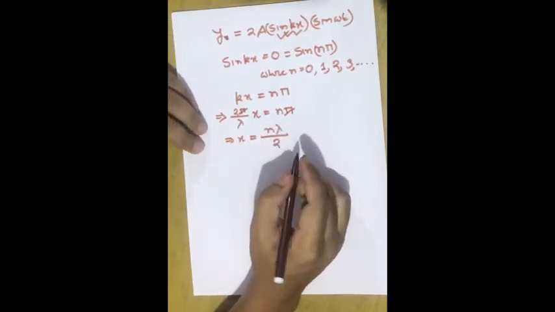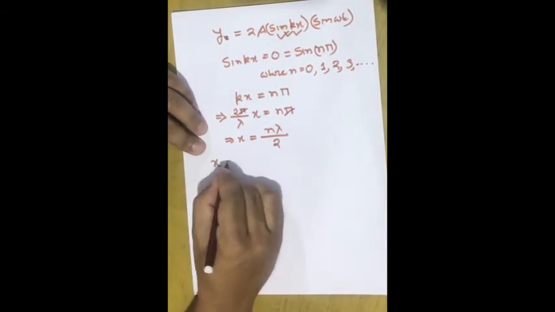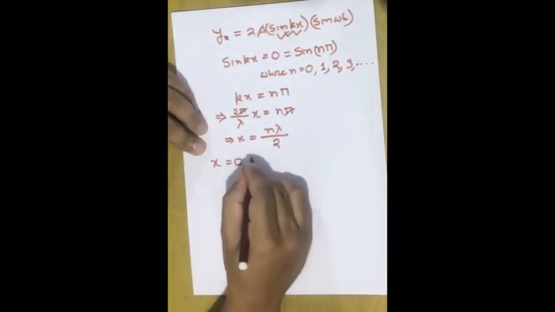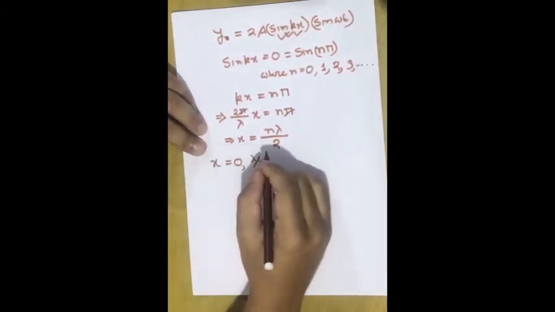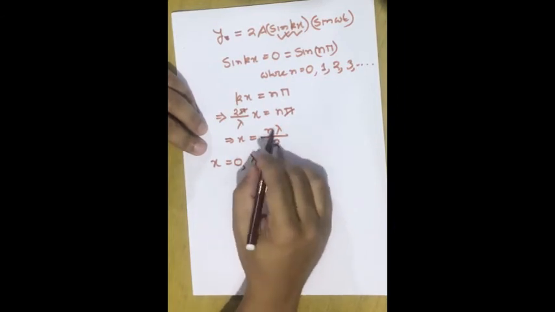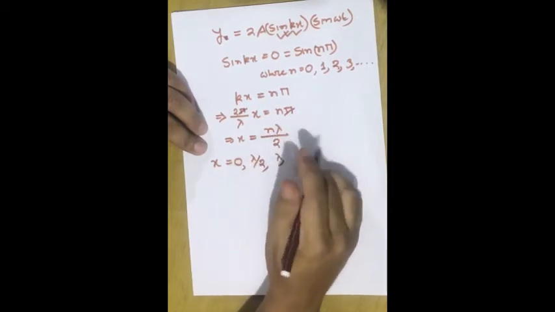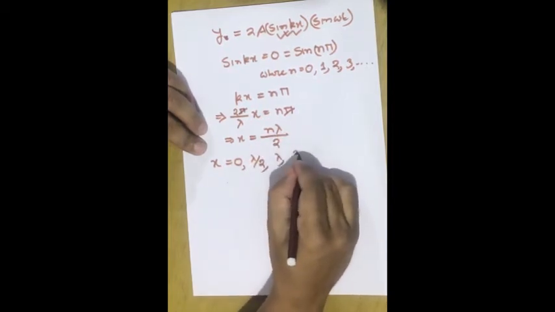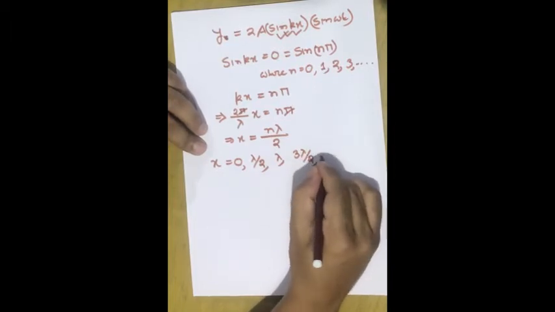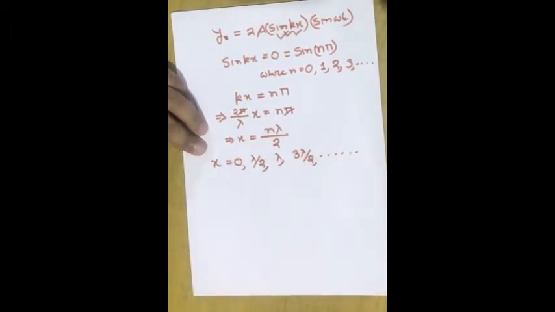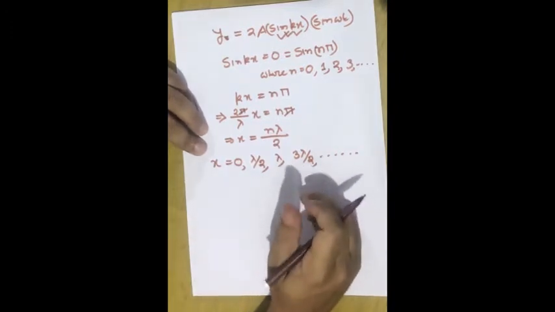Okay, so the positions of these zeros will be x equal to 0, then lambda by 2 when n is equal to 1, then when n is equal to 2 it will be equal to lambda, then when n is equal to 3 it will be equal to 3 lambda by 2. So these are the positions of zero displacement. Okay, so x is equal to 0, lambda by 2, lambda, these are the positions.